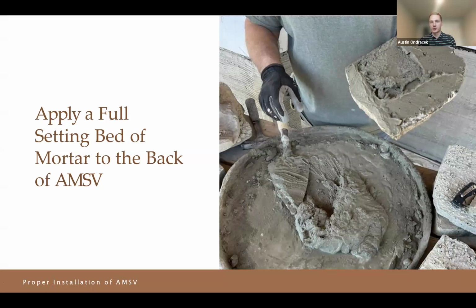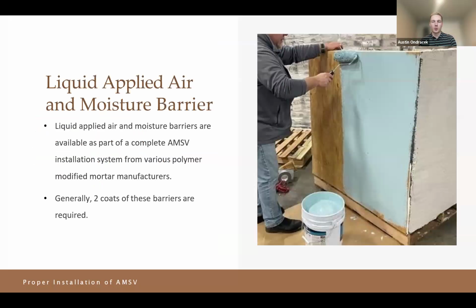You want that full surface area to have, I like the 3 points of contact rule when it's being adhesive or installed, and not having it entirely coated on the back of the product is what could cause things like delamination over time, watering down the mortar, trying to extend it when they should have just gotten more mortar. All those couple of little things can just cause issues later down the line. So, a good rule of thumb to always cover it entirely with mortar on the back.